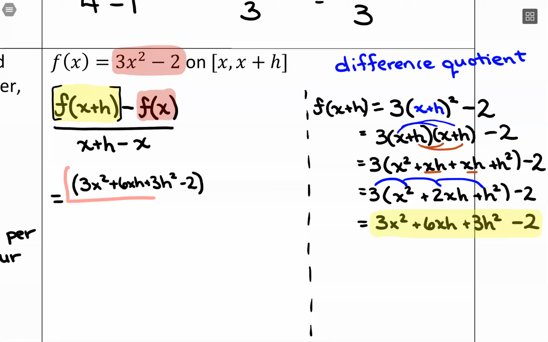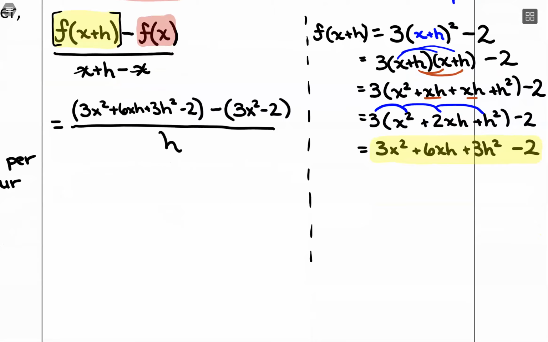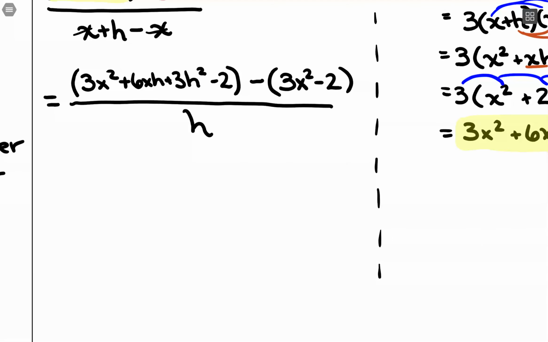All of that was to replace my f of x plus h. And then I'm going to do minus, and I'll put this in parentheses as well, and it's important to have parentheses here because it'll need to distribute in. But where I see that f of x, I'm going to replace it with 3x squared minus 2, all over x plus h minus x, which those x's just turn into 0, so really we just have an h in the denominator.